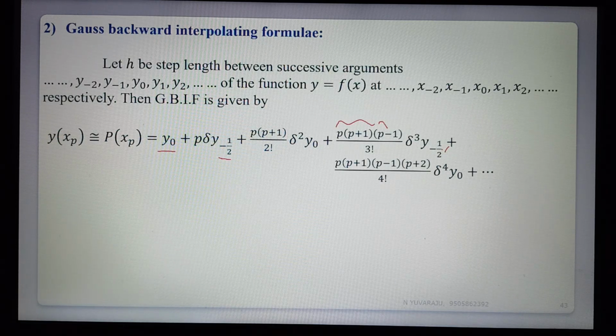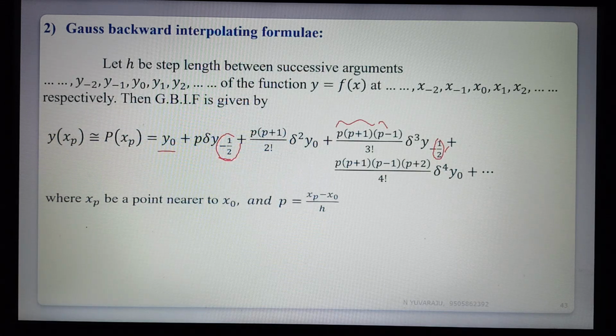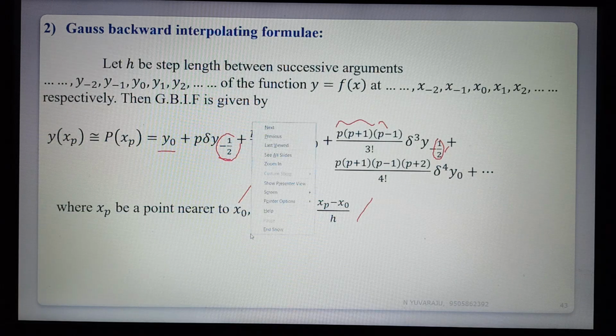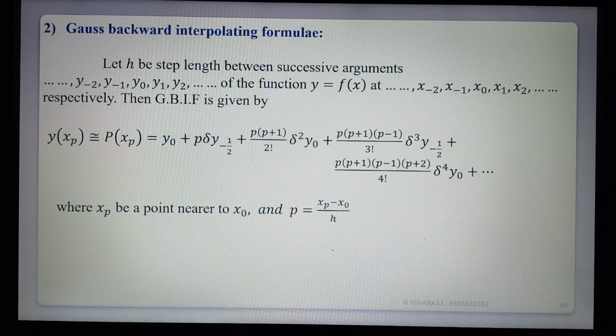But here we choose the minus, observe the change: minus 1 by 2. Where xp is the point near to x0, and p is equal to xp minus x0 by h. This is the Gauss backward interpolating formula.